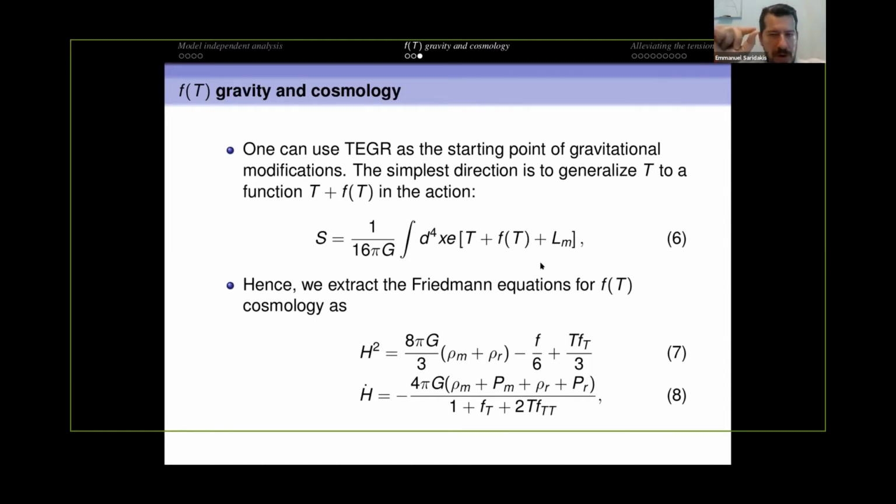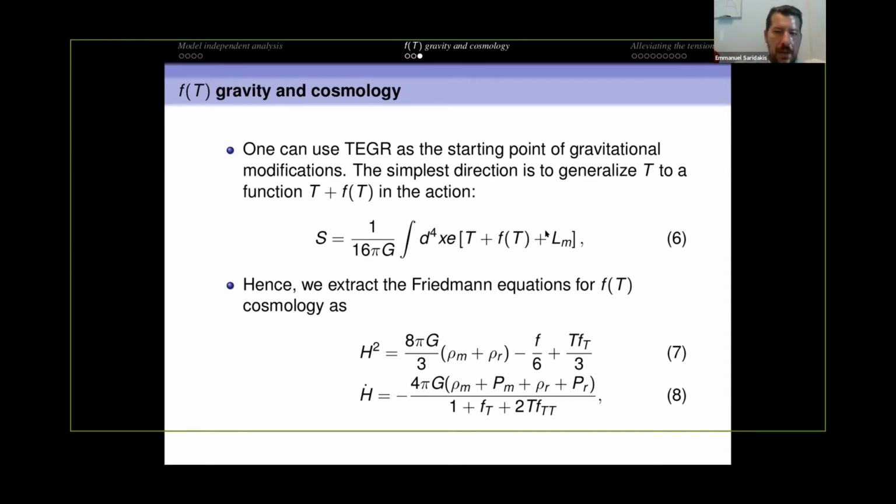The crucial point that you need to remember and take back home is that although GR is completely equivalent with the teleparallel equivalent of GR, their modifications in the naive way that we are doing in the literature, f(R) and f(T), are different. I'm not saying that one of them is correct and the other one is wrong. All I'm saying is that these are different classes of modifications of gravity.